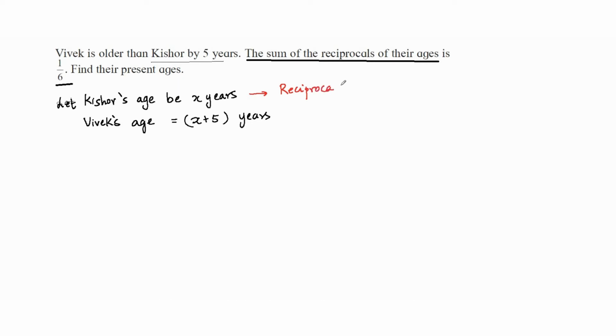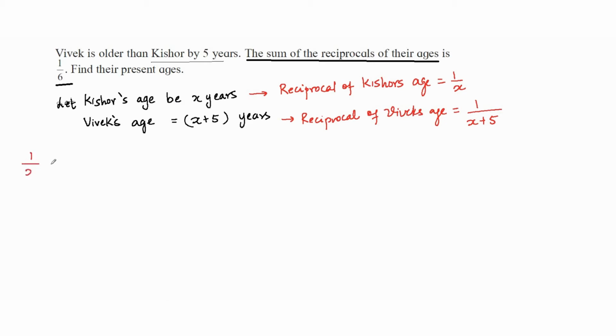Reciprocal of Kishore's age will be 1 upon x, and reciprocal of Vivek's age will be 1 by x plus 5. Reciprocal basically means the numerator and denominator switch places, and it is given that the sum of the reciprocals, that is 1 by x plus 1 by x plus 5, this sum is equal to 1 by 6. That is what is given to me.